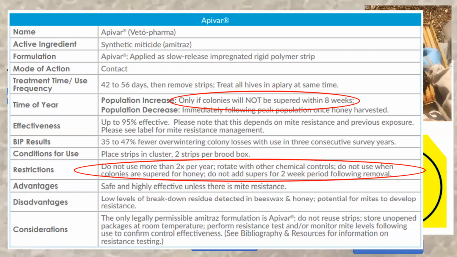So all of my Apivar is in right now, in the hive. So you cannot have your honey supered within 8 weeks. That's a major restriction, which, because I understand that flow chart, that seasonal life cycle, I'm able to use this.